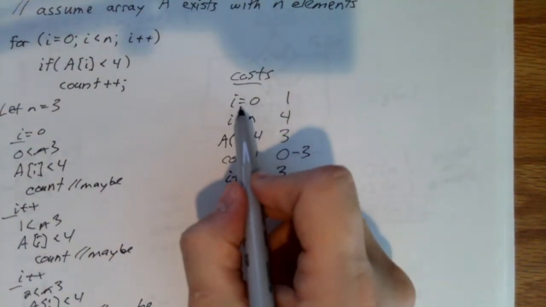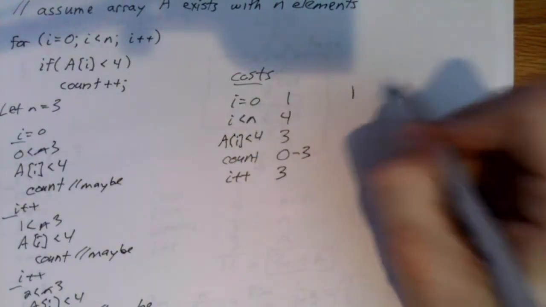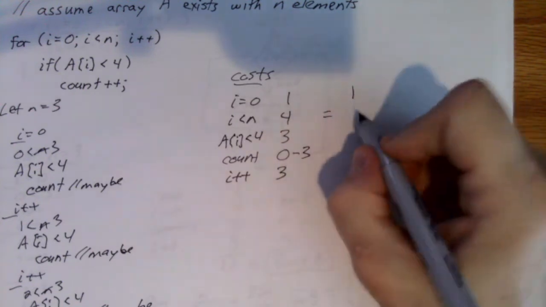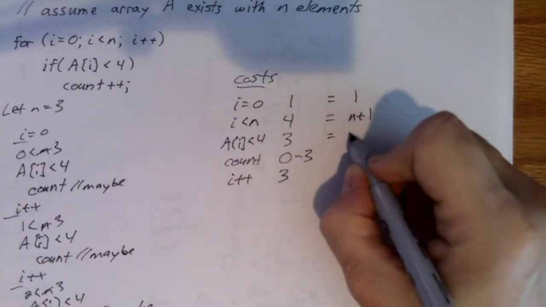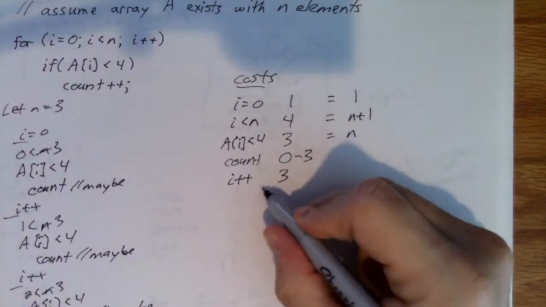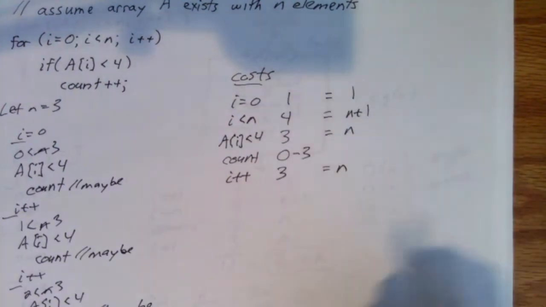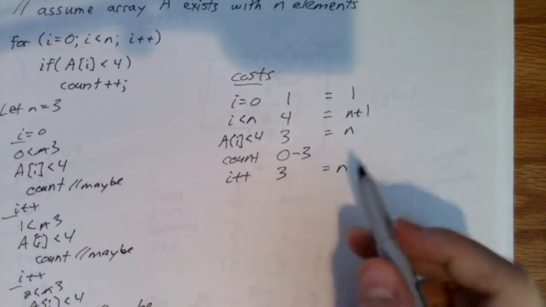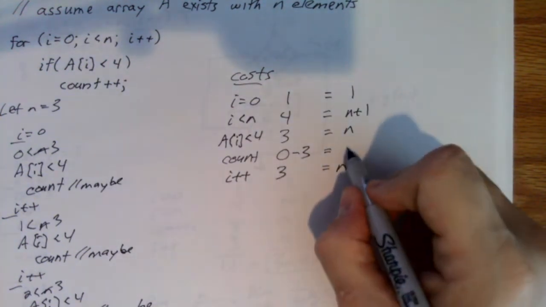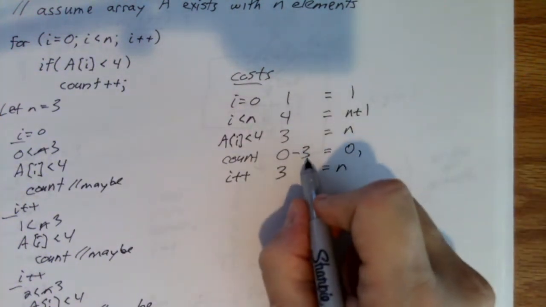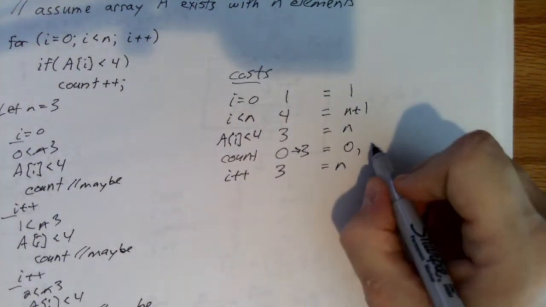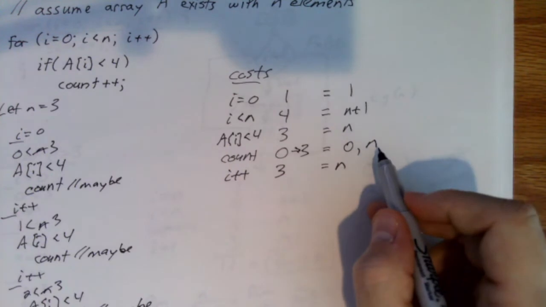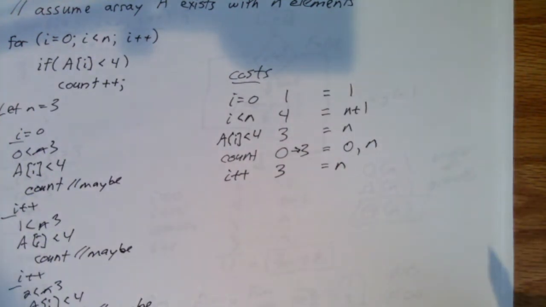Now, what are those in terms of n? Well, remember, once again, i equals 0 only happens once. 4 was n plus 1. 3 was n. Let's jump down to i plus plus. That's also a good n. And what do we have here? Well, it could happen 0 times, or, this is 0 to 3, or it could happen as many as n times. Okay?